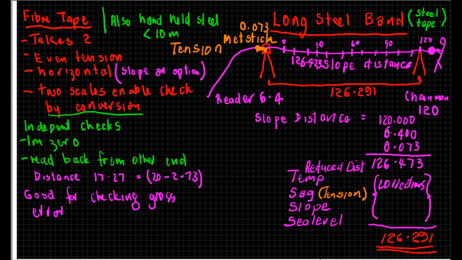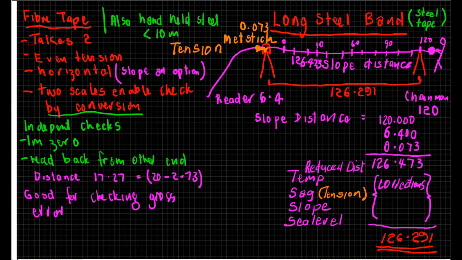And so the instrument man pulls up and reads off the link stick, in this case the 73 mils, and then records a slope distance of 126.473.